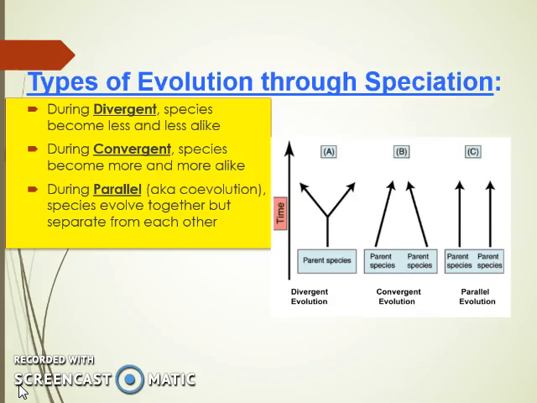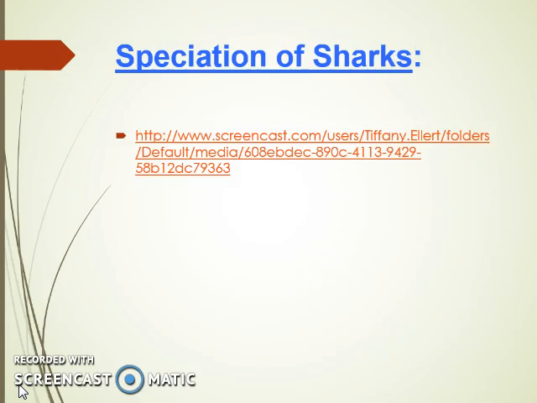And of course, we're going to get into those divergent, convergent, and parallel evolutionary speciation traits. And last but not least, let's look at some sharks.